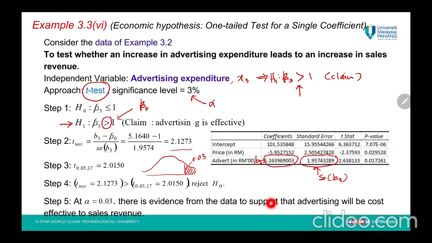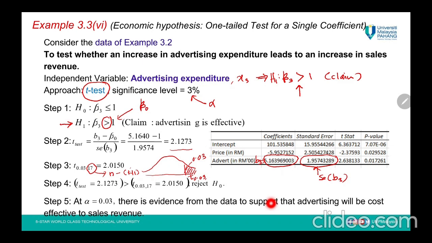So the critical value here is t 0.03 at the degrees of freedom. The degrees of freedom, n for this case, is 20. We have 20 data minus 3. The 17 here comes from n, which is 20, minus k plus 1.